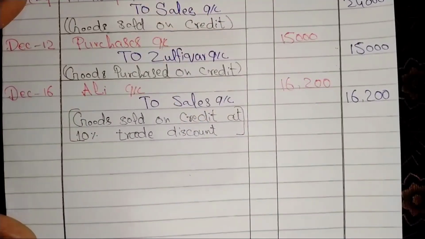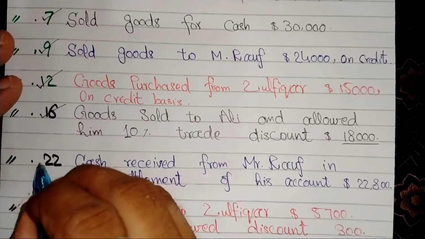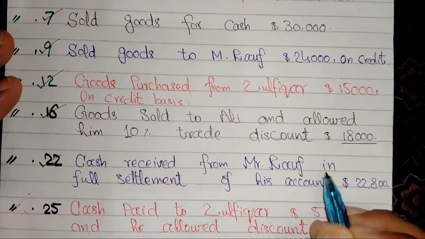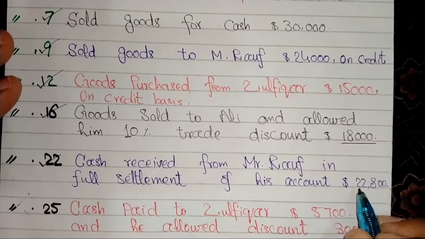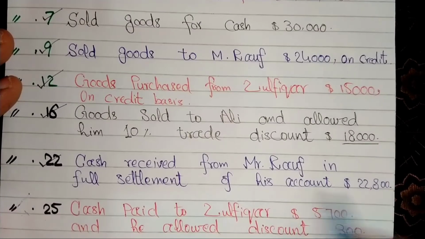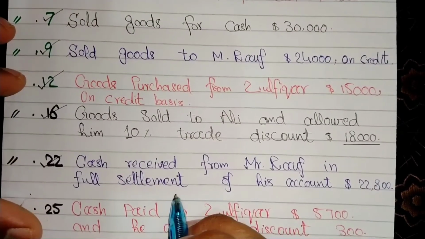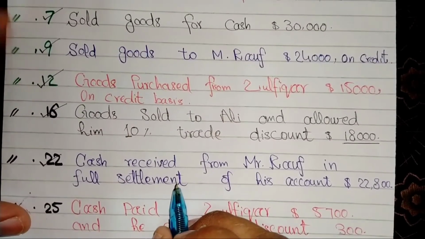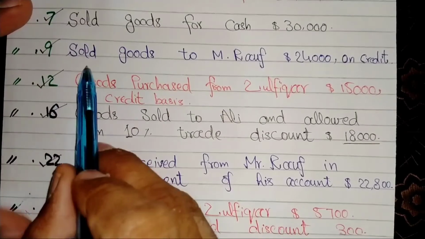Okay? The next transaction is dated 22 December, which is cash received from Mr. Rauf in full settlement of his account, which is $22,800. The statement is clear. Before entering this transaction in the journal format, we first recall the account of Mr. Rauf.